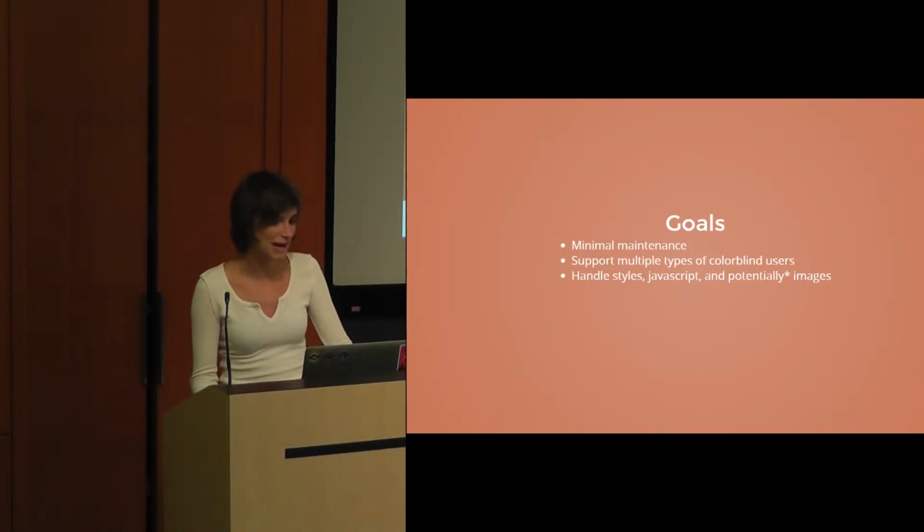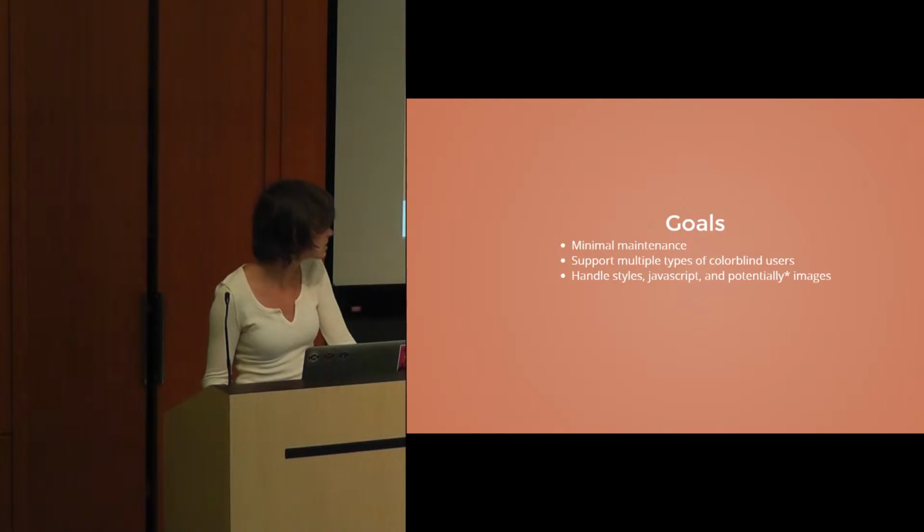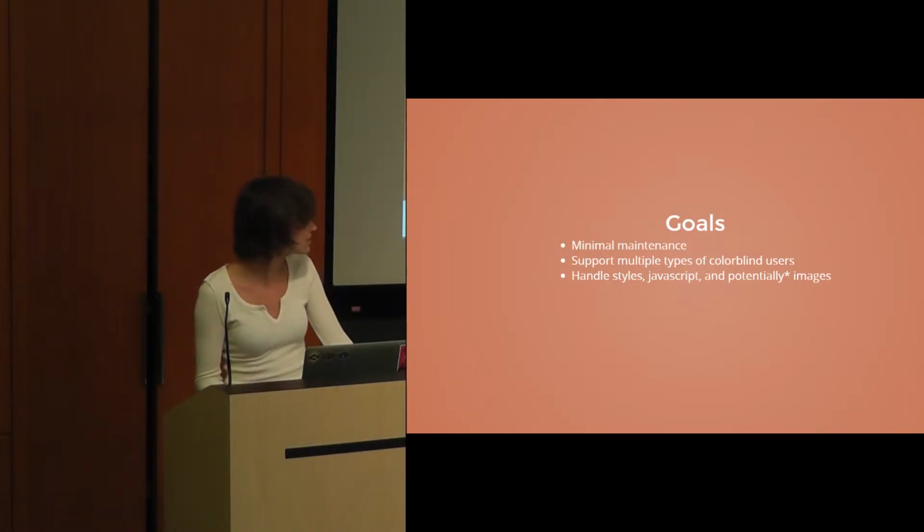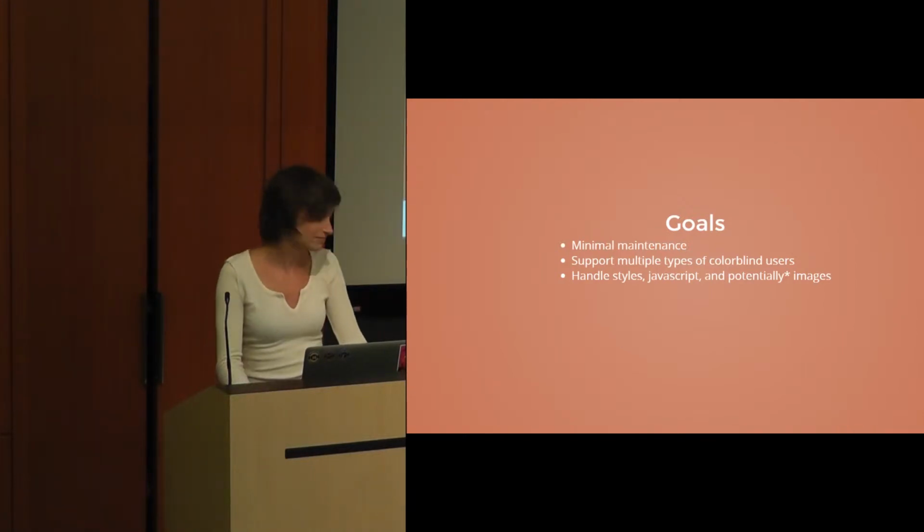Don't really want to worry about colorblind stuff in the future as you're developing your CSS or JavaScript. You need to be able to handle CSS, JavaScript, and potentially images. And you might want to support multiple types of colorblind users.